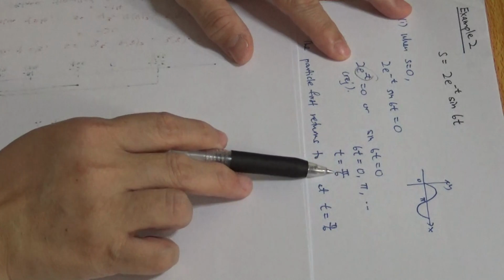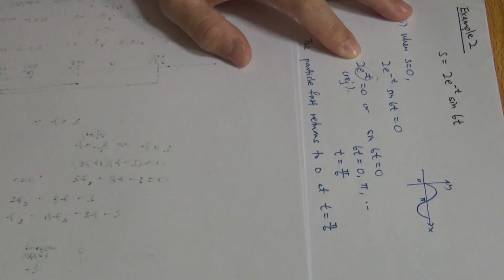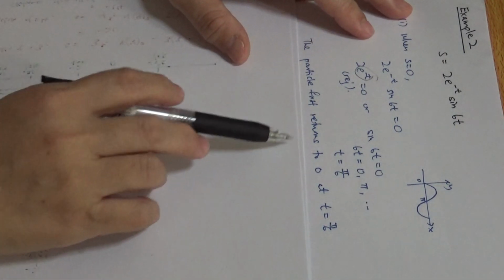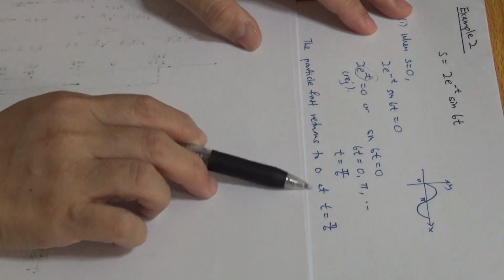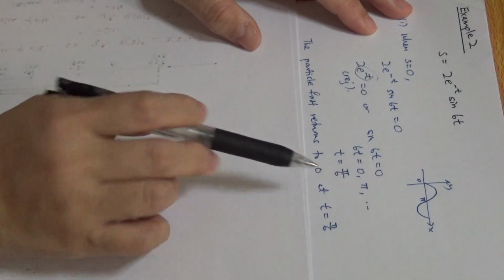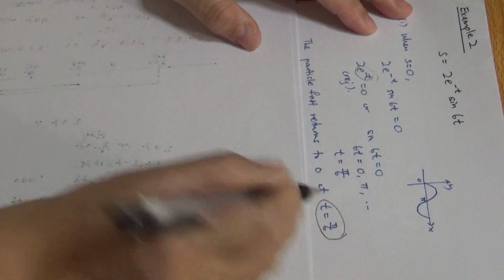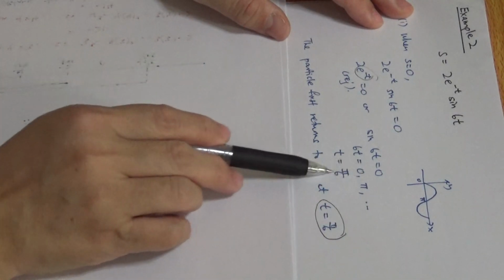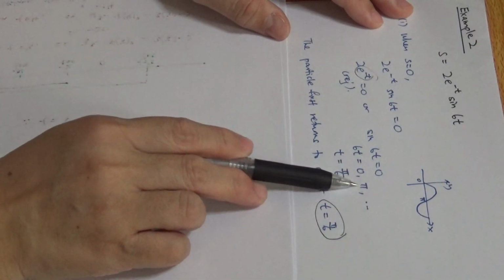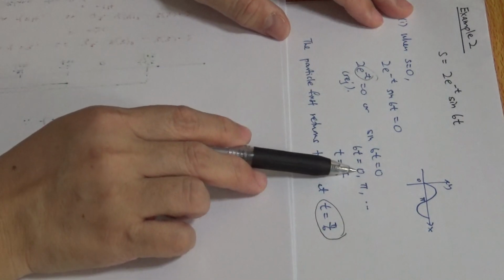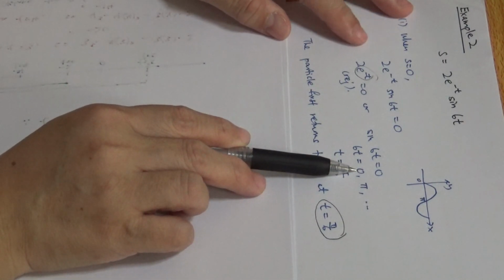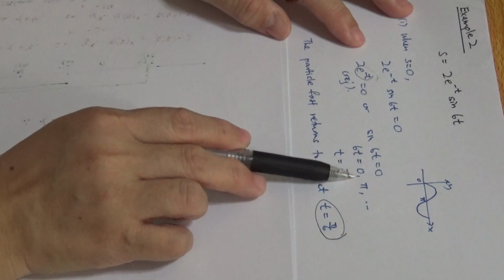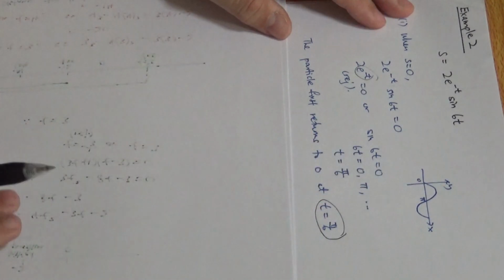I will take the first value, pi over 6, because the question says when it first returns to O. So the particle first returns to O at t equals pi over 6. This will be my answer. I will not take 0 because this is the initial position.